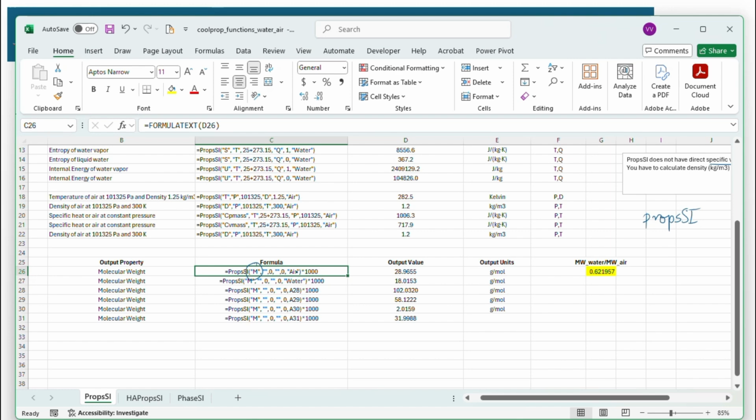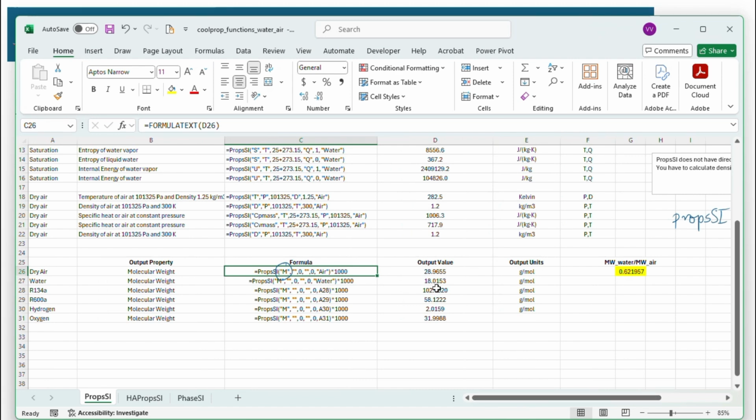So you can change the name of the particular gas or fluid, and then you figure out what the molecular weight is. In this case, it's trying to figure out the molecular weight of these chemicals, and the value is usually given in kilograms per mole.